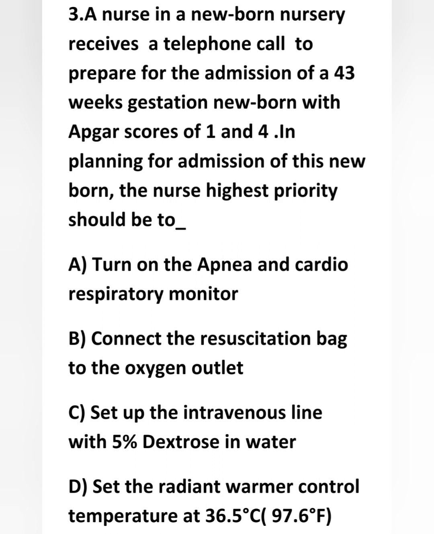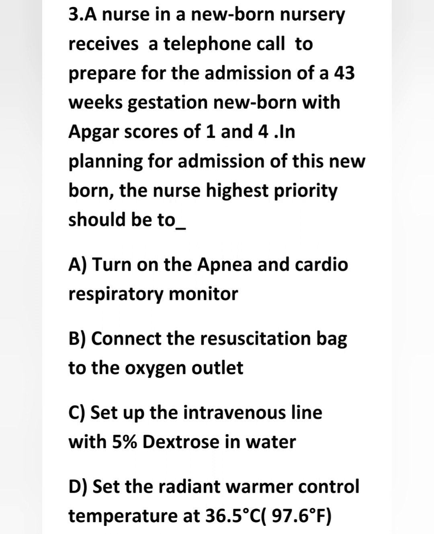In the planning of admission of this newborn, the nurse's highest priority should be: option A, turn on the apnea and cardiorespiratory monitor; option B, connect the resuscitation bag to the oxygen outlet; option C, set up the intravenous line with 5% dextrose in water; and option D, set the radiant warmer control temperature at 36.5 degrees Celsius or 97.6 degrees Fahrenheit.